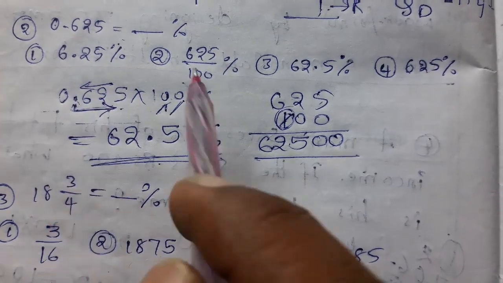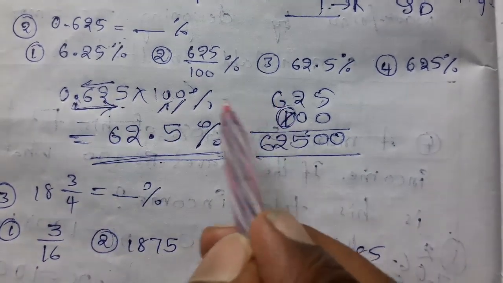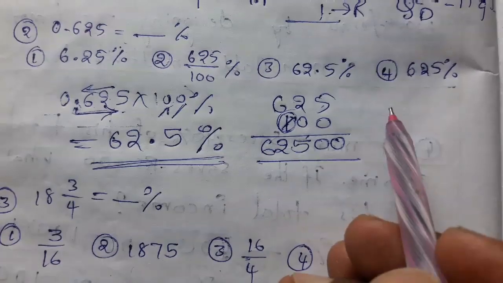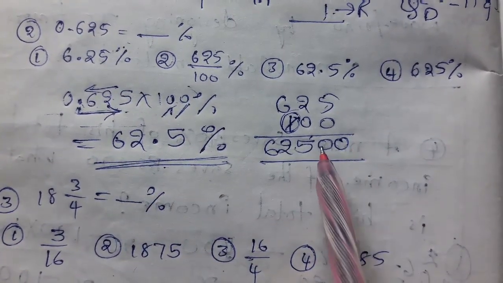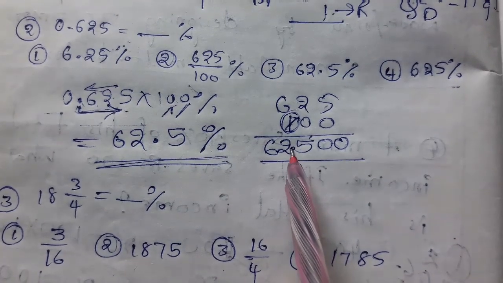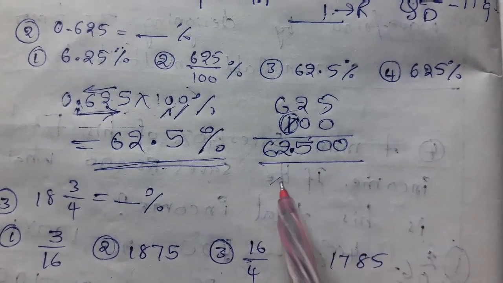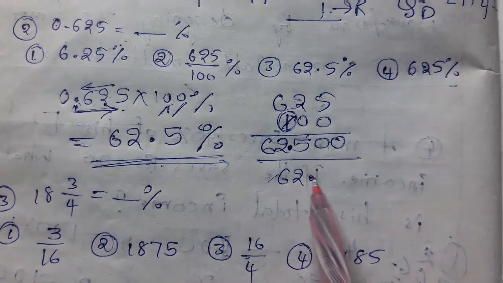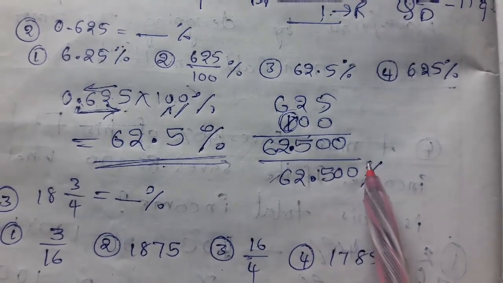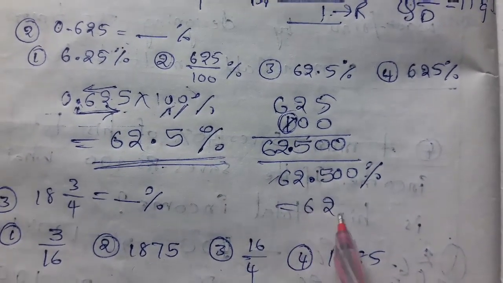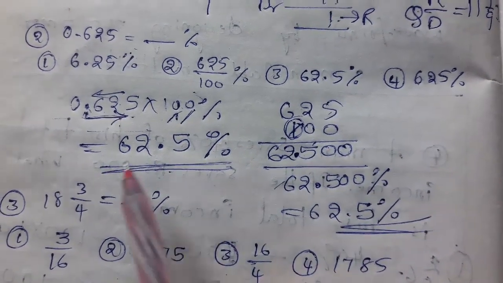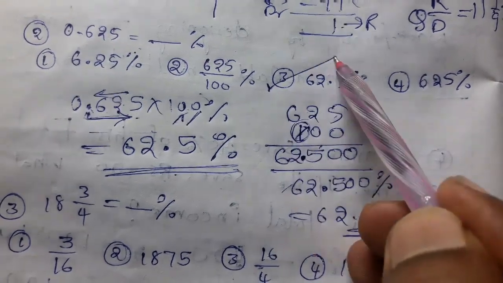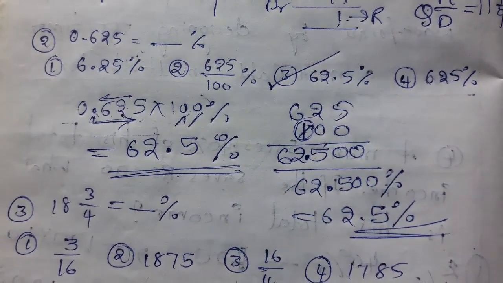After the decimal point, how many digits are there? 3. 1 2 3. Now count from right to left. 1 2 3. So put a decimal point there. So what is the answer we got? 62.500%. That means 62.5% is the answer of the given question, isn't it? That means option number 3 is the right answer of the given question.